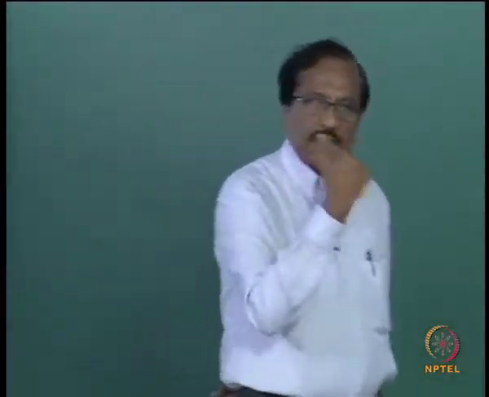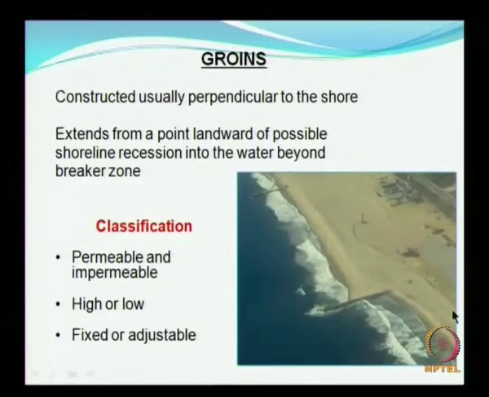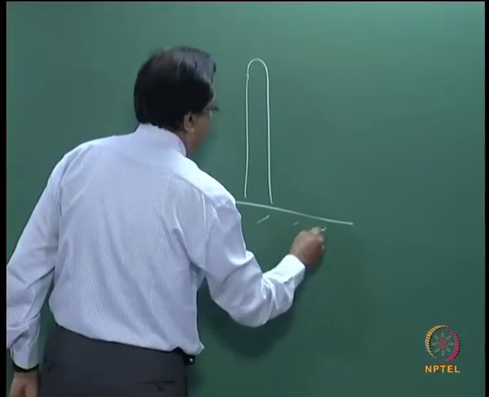Now what are the other protection measures? Now we start with a groin. As you see in this picture, we have already seen earlier that when the sediment transport is moving in this direction, on the updrift side you have the deposition or the advancement of the shoreline, and on the downdrift side you have the erosion taking place.